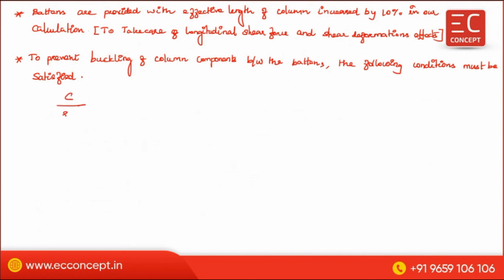That is C divided by r minimum of component should not be greater than 50 and should not be greater than 0.7 times the lambda for the whole column. Lambda for whole column, same as the lacing system.